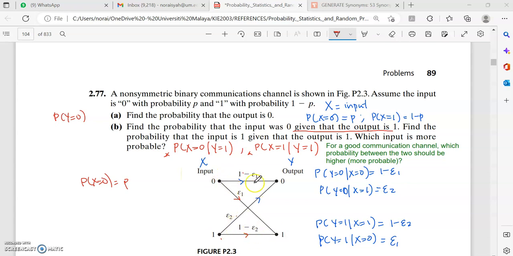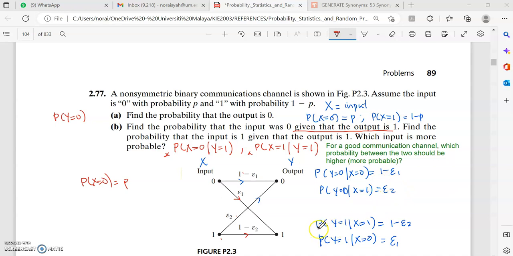So the probability given here is actually a conditional probability: the probability of output 0 given that the input is 0 is 1 minus epsilon 1. For this branch, the probability that the output is 0 given that the input is 1 is epsilon 2, so this is the probability of error.